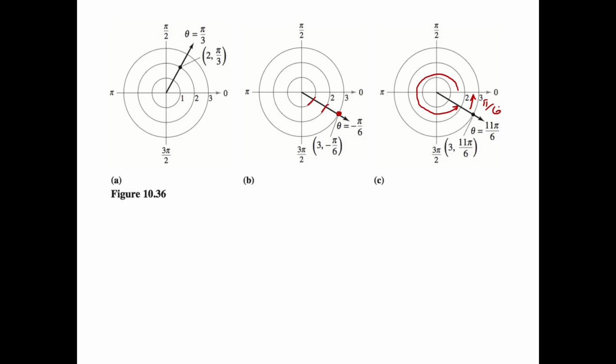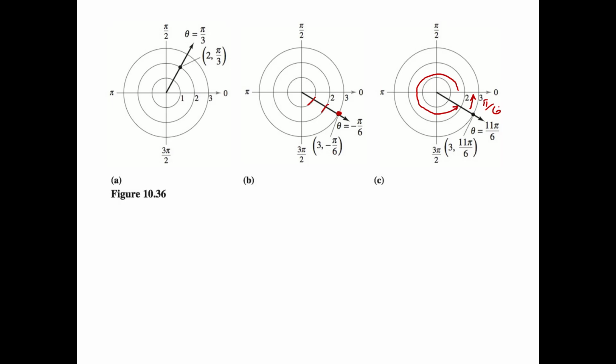Now, you could see that the coordinates are not unique. In rectangular coordinates, there is only one way to describe a point. The point (2, 3), you move over 2 and up 3, there's only one way to describe it. But in polar coordinates, it is not unique, right?